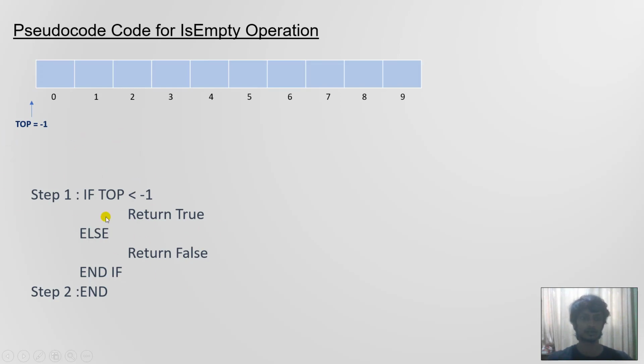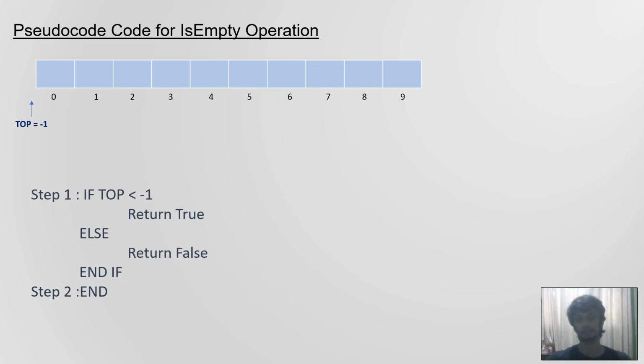As you can see in this pseudo code, it first checks whether top is less than -1. You can also assume top is equal to -1, which is also correct, but this one is more convenient, because let's say we did something wrong to our topmost location, so it could have gone to a negative state. Normally, if the stack is empty, top is equal to -1, but in some rare cases top could be -2, -3, or something like that.